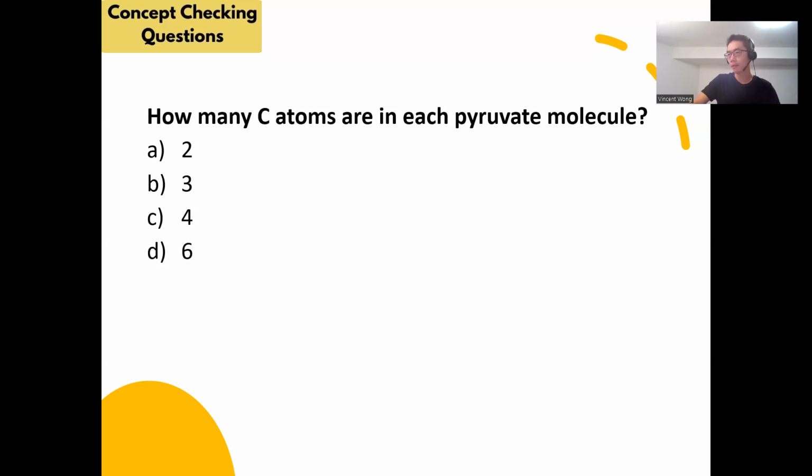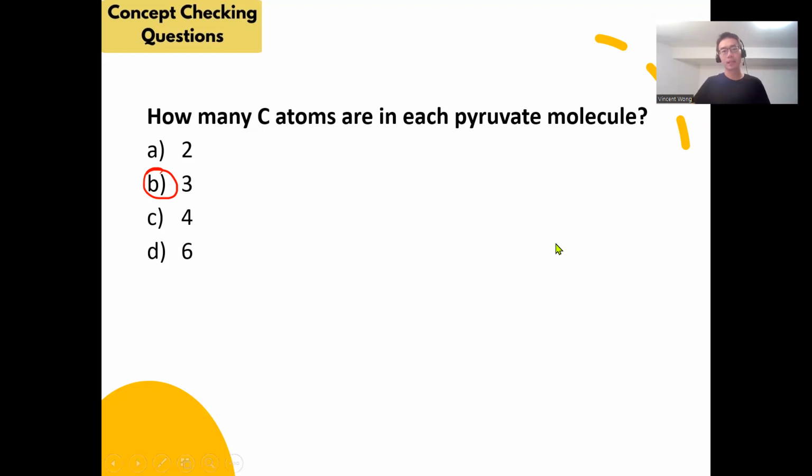I'm going to close the poll. Most of you who answered got it right. The correct answer is 3 carbons. Glucose has 6 carbons. You split it into 3 and 3.